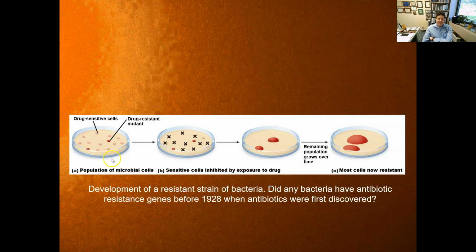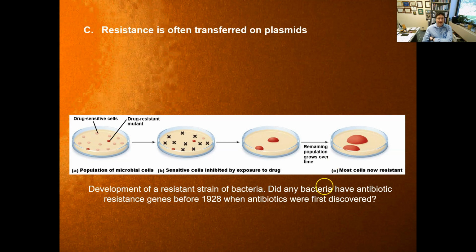So you can see here, if we have a population of microbial cells and we constantly hit this population with drugs, some of them mutate and develop resistance to it. Over time, the ones not resistant die off, and we're left with cells that are resistant to it.